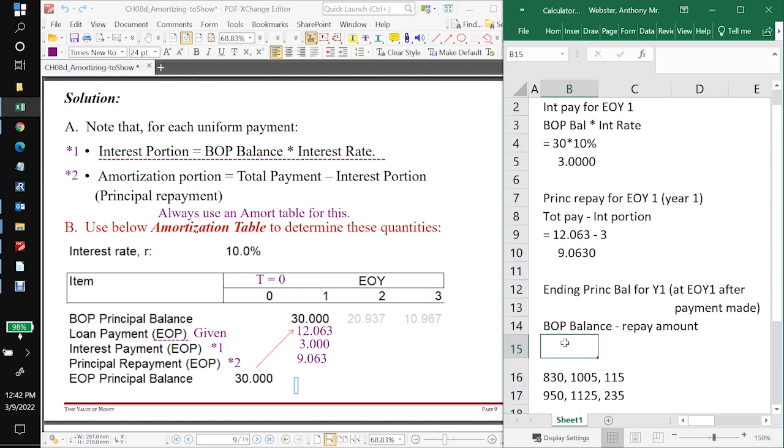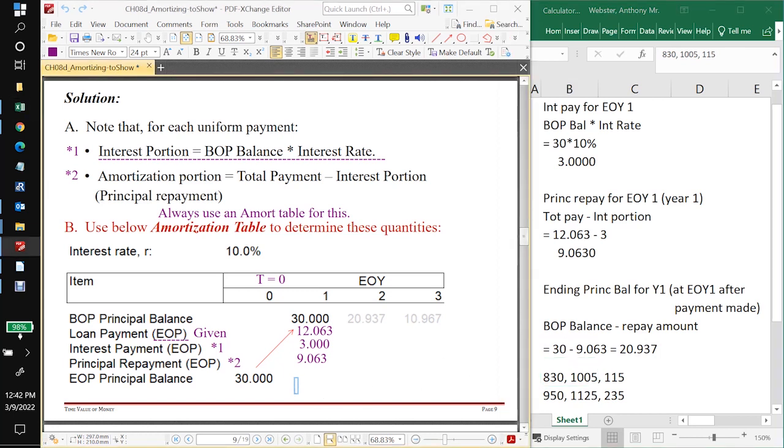So our beginning balance was 30 minus 9.063, and I think in most circles that's 20.937. Okay, so let's put that in here. All right, so far so good.